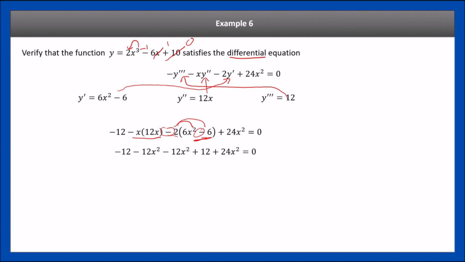And then plus 24x squared. But now you've got negative 12 plus 12, which is 0. We've got negative 24x squared, which cancels out with this. So we end up getting 0 equals 0. So everything cancels, and therefore this is a solution to the differential equation. It satisfies the differential equation.